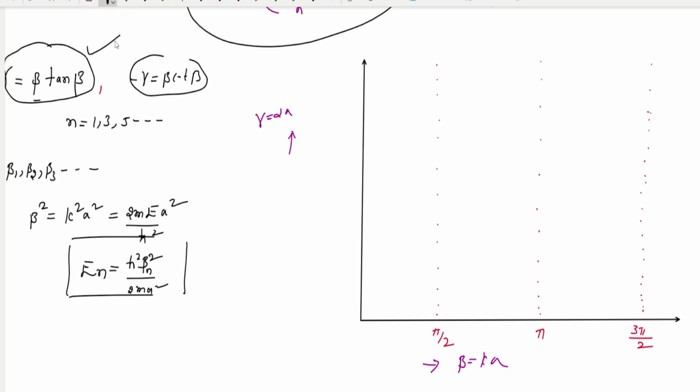First I'm going to draw this equation. So this is the tan graph, beta tan beta.